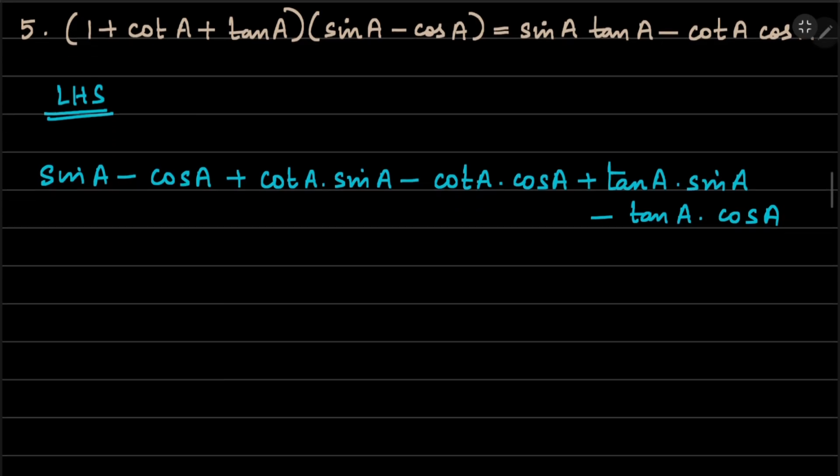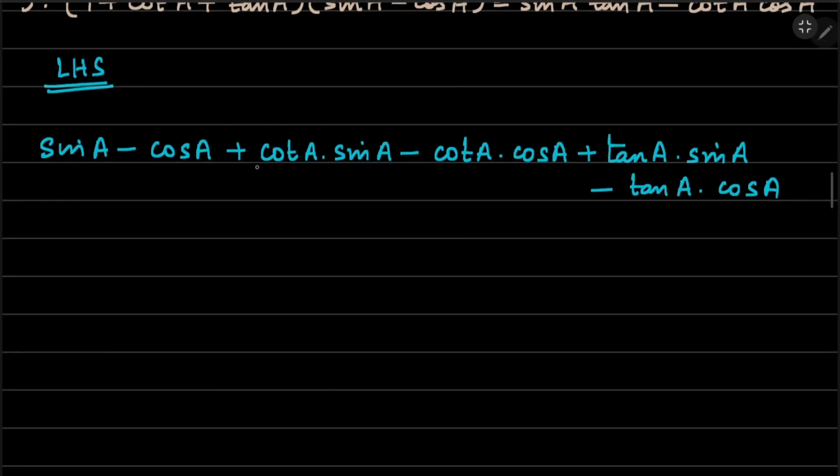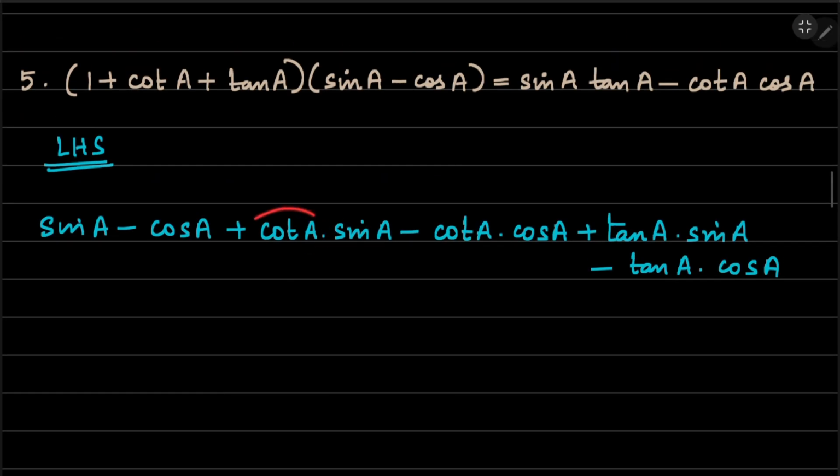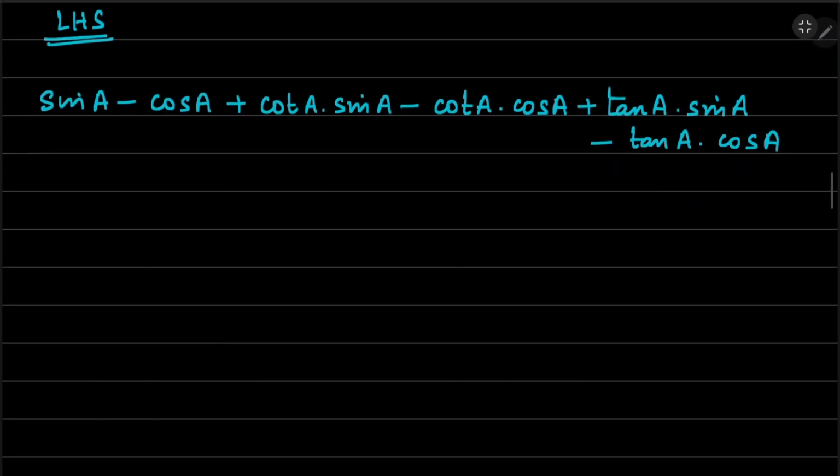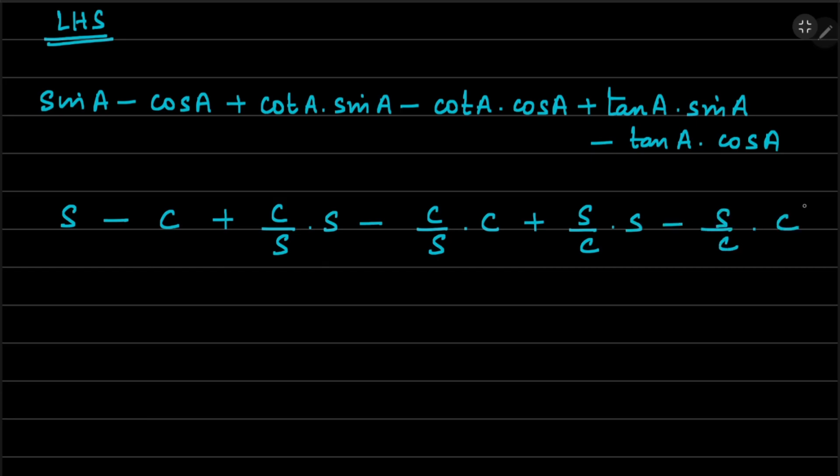So I'm just going to replace it and convert everything into sine and cos, so that I can cancel it. Cot I'll convert as cos over sine, again cos over sine, sine over cos, sine over cos. Let's see how to proceed. So sine minus cos plus cos by sine multiplied by sine, minus cos over sine multiplied by cos, plus tan is nothing but sine over cos into sine, minus sine over cos multiplied by cos. I just converted cot and tan in terms of sine and cos.